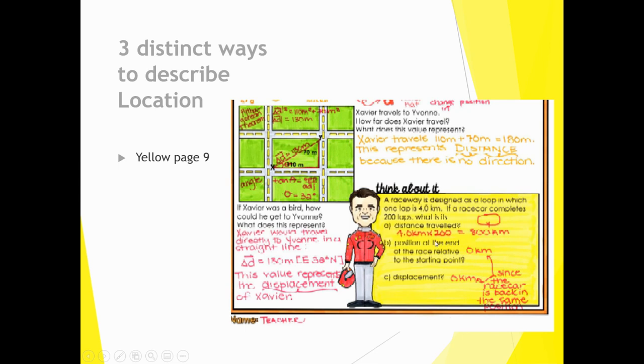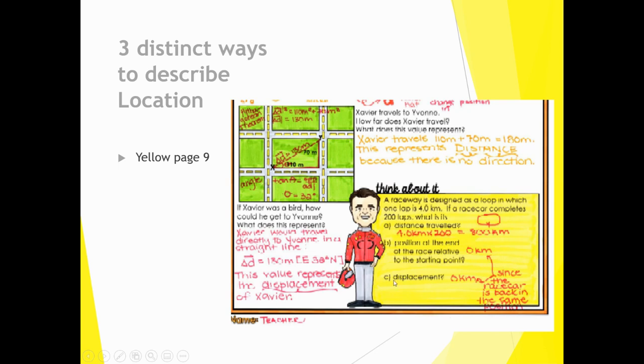So the Think About It says a raceway is designed as a loop in which one lap is 4 kilometers. If a race car completes 200 laps, what is its distance traveled? So it's going to be 4 kilometers times 200 laps, and that's going to give us 800 kilometers. And then the position at the end of the race relative to the starting point, well, he's right back where he started, so he's 0.